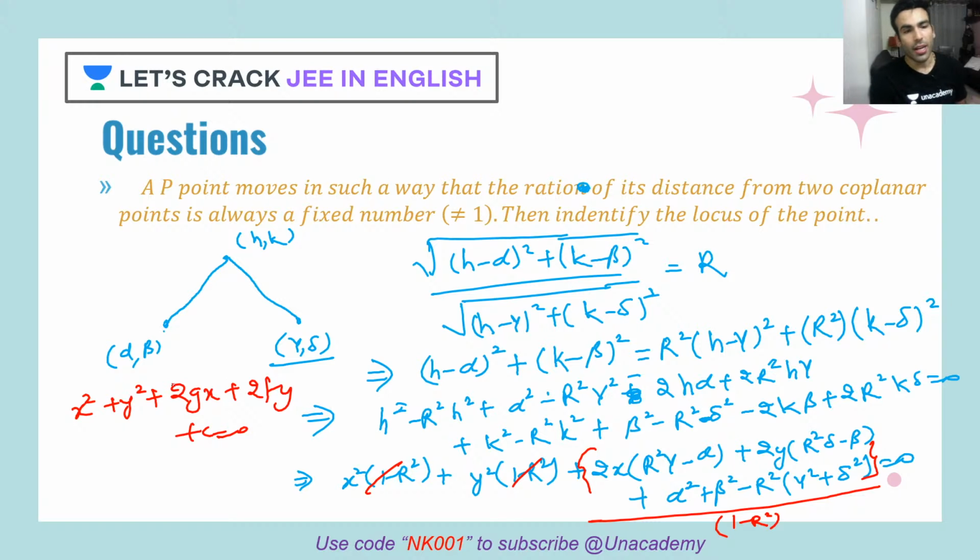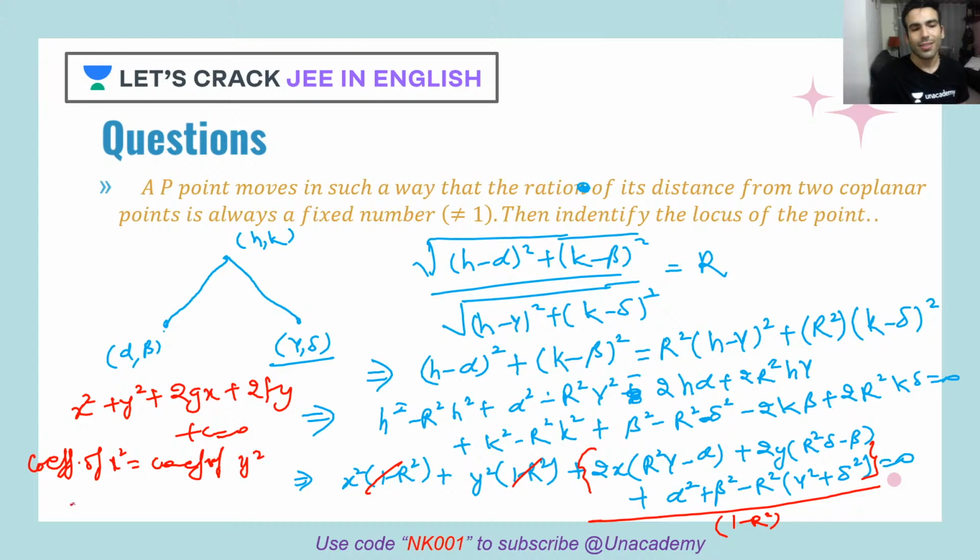Now I want to give you some extra information. Whenever you get a quadratic in x and y, how can you identify whether it represents a circle or not? One thing is, your coefficient of x square is always equal to the coefficient of y square.